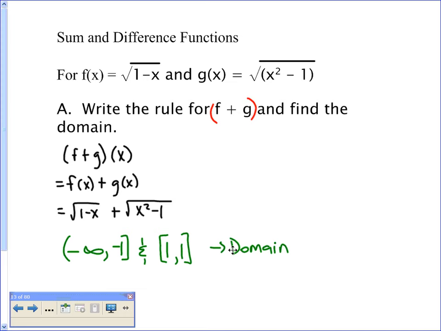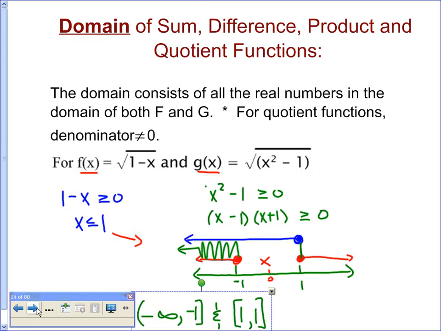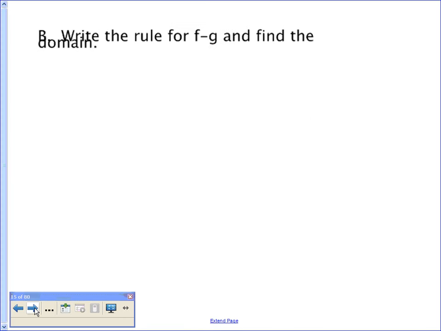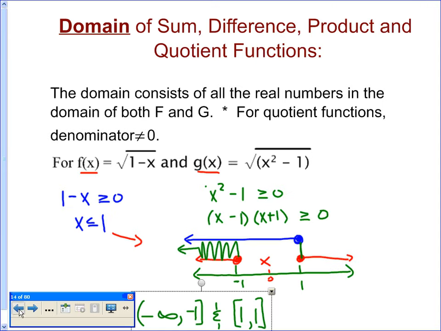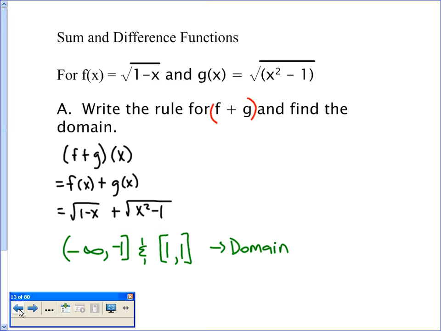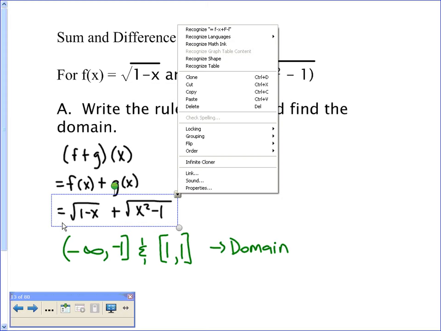So now let's move on and talk about the difference. We're working with the same f and g, and this time we want to find f minus g. Okay, so f minus g is actually going to be exactly the same as what I did here, except for one thing is going to change. So I'm going to copy this.